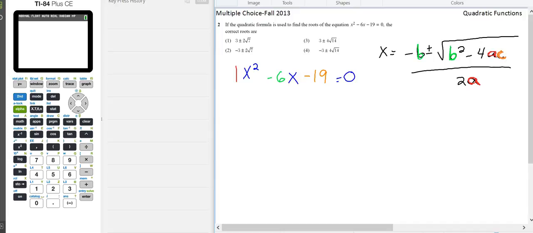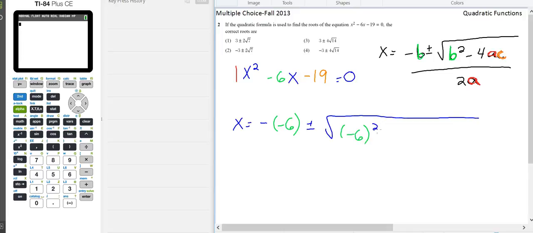Let's do that. X is equal to negative b, which in this case is negative 6, plus or minus the square root of b, which is negative 6, squared, minus 4 times a, which is 1, times c, which is negative 19.